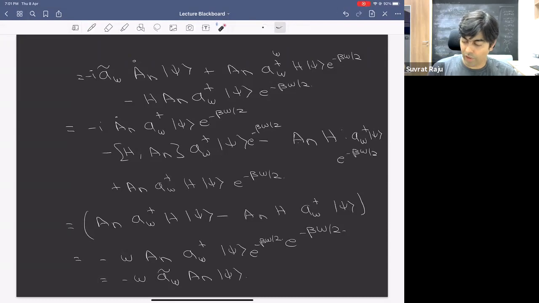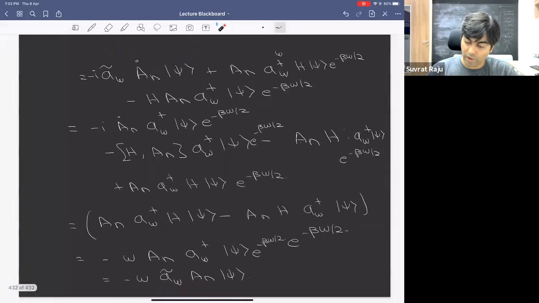Because the action of a omega tilde on an psi would just have given you this a omega dagger times e to the minus beta omega by 2. And here I just have a factor of minus omega. So the trick was to write everything in terms of ordinary operators, as I did here. We do know the commutator of h with the ordinary creation operator. And so now we have found an expression which evaluates the commutator, and we have got back this.